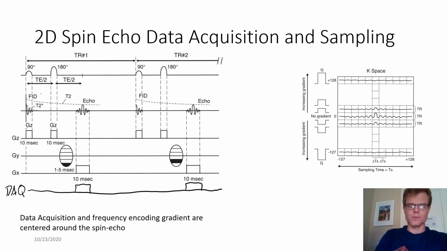And again, we're going to be stepping through our phase encodes to fill up our data matrix. We have the similar sampling during the data acquisition. So this is indicating here that in this case we're starting off with a large negative phase encoding gradient.